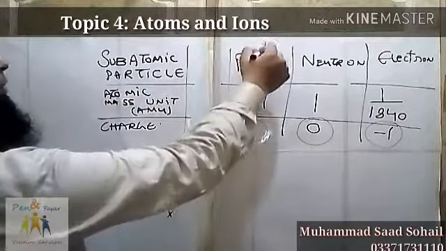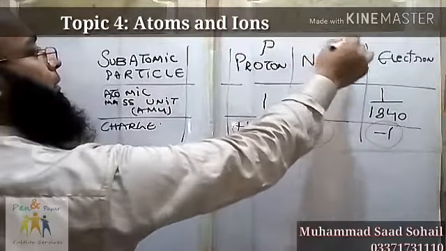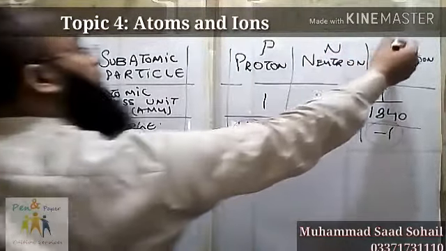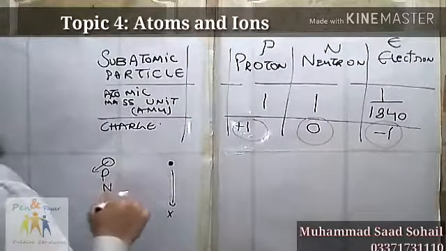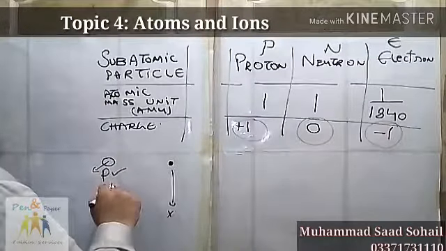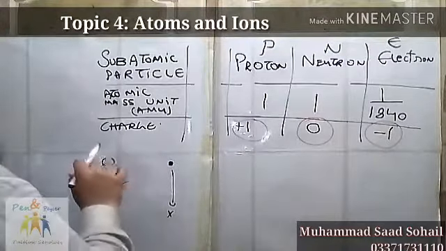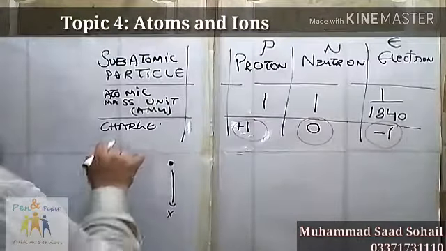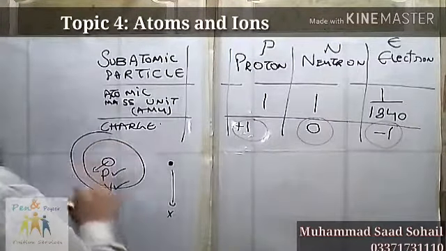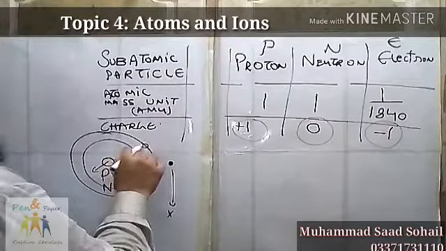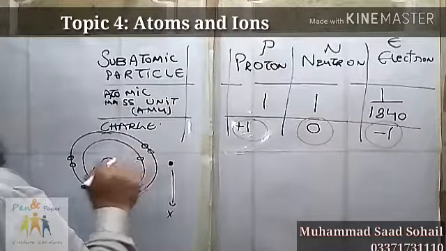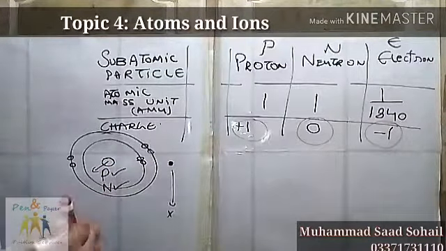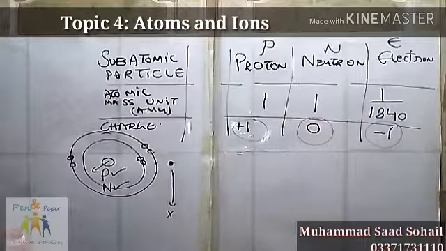Let's say protons are denoted by P, and N is for neutron and E is for electron. So the nucleus of an element contains protons and neutrons, and if you come outside the nucleus, there are different shells which have electrons. And how many protons and neutrons there would be and how many electrons there would be, it depends upon the element.